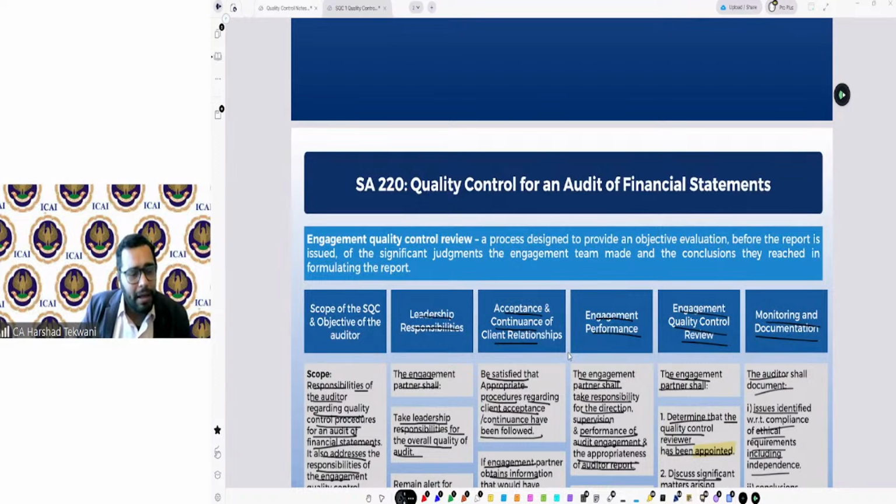So SA 220, quality control for an audit of financial statement, which includes all audits of all entities.